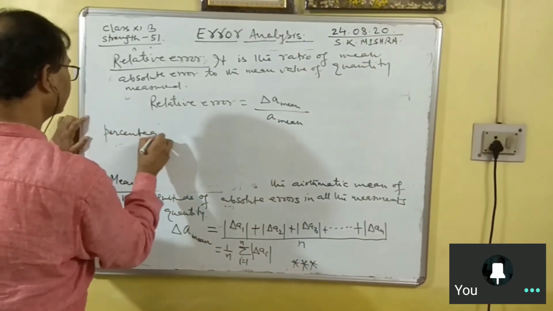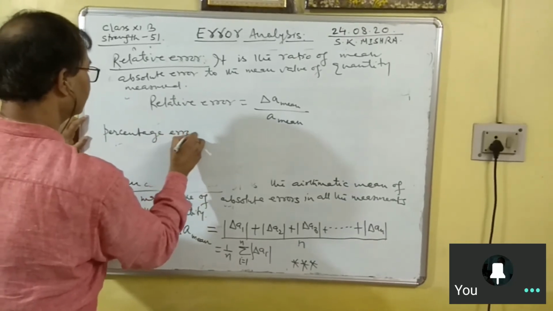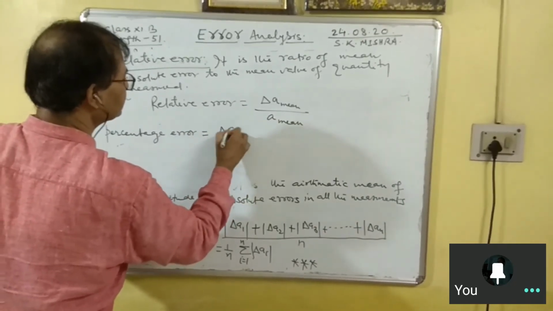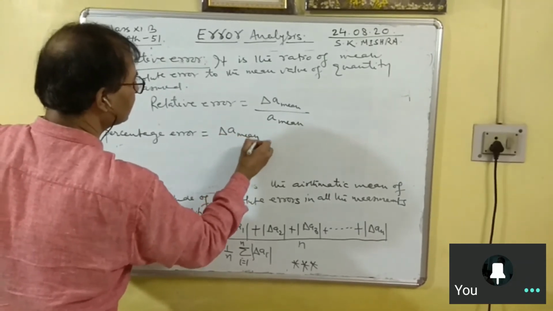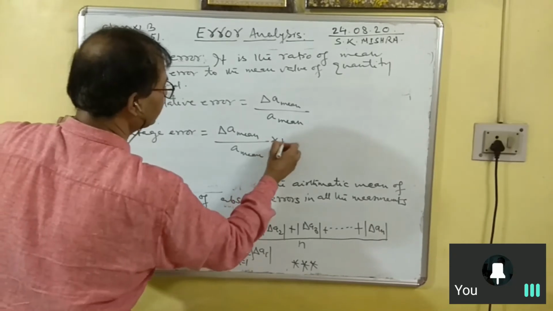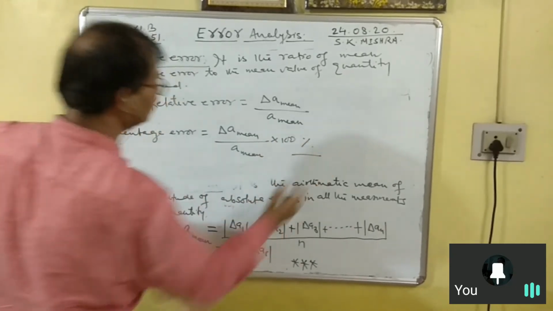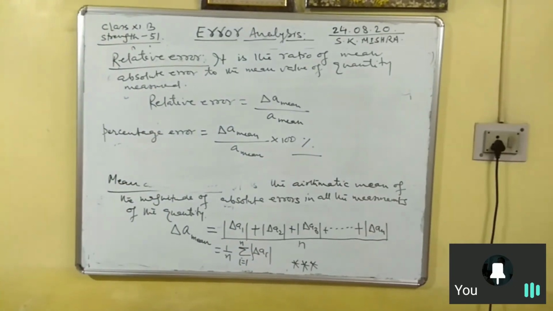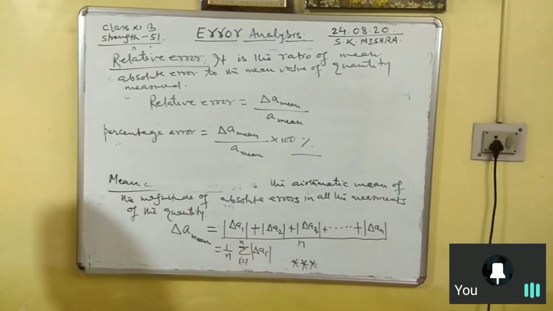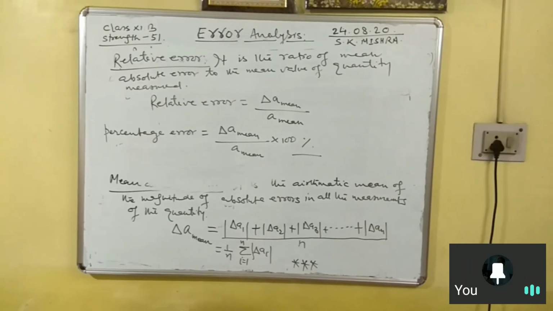Percentage error. So simply multiply it by 100, this will give you the percentage. So del A mean by A mean into 100. This will give you the result in percent. That is delta A mean by A mean into 100%.